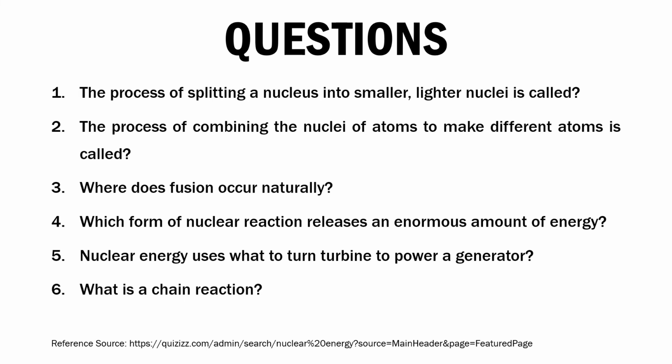Question 3. Where does fusion occur naturally? Question 4. Which form of nuclear reaction releases an enormous amount of energy? Question 5. Nuclear energy uses what to turn turbine to power a generator? And question 6. What is a chain reaction? I'm allowing you to pause my video for around 20 minutes to answer these questions.